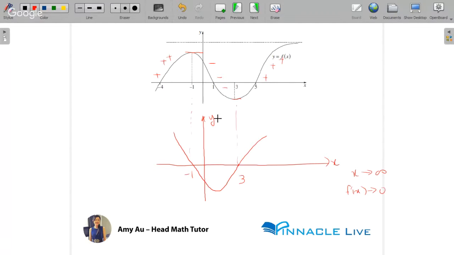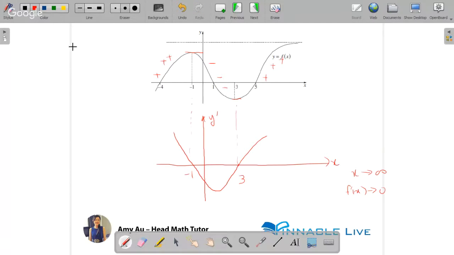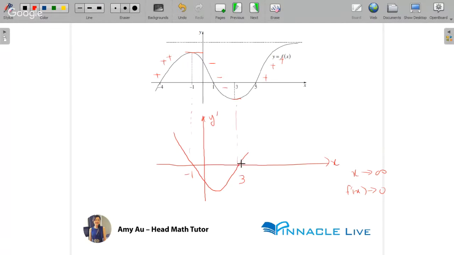So your function should be approaching 0, in other words. So let me just draw this. Let me just make it a tad better. Okay, that's a bit better. All right, so it's going towards 0.